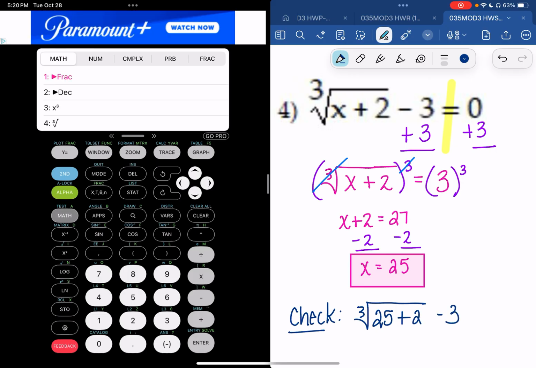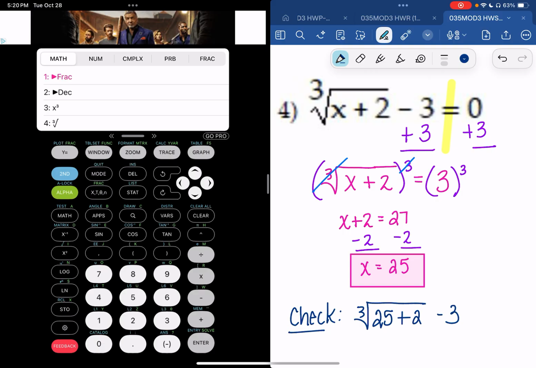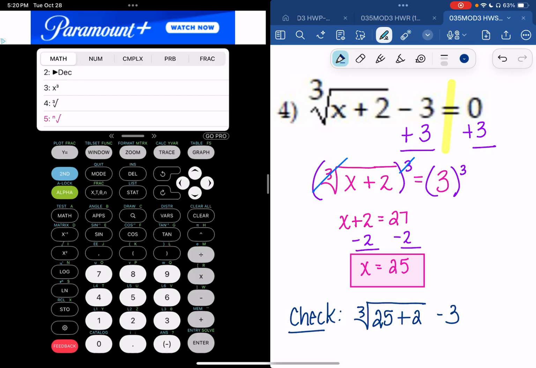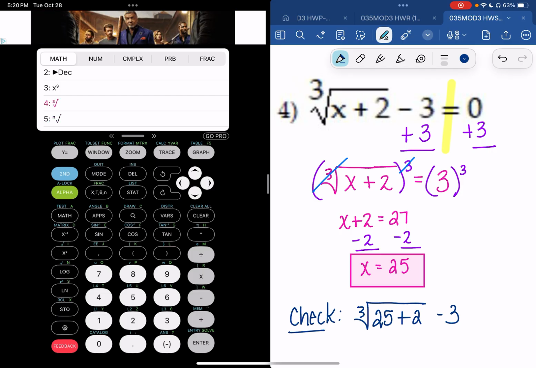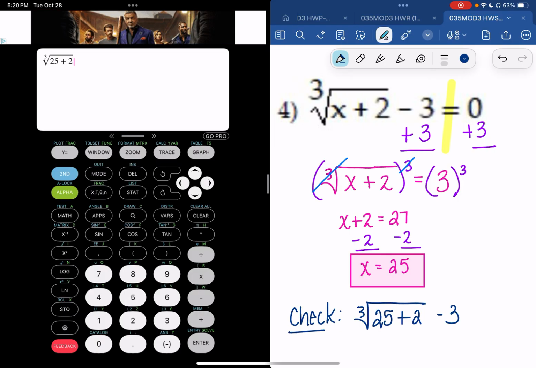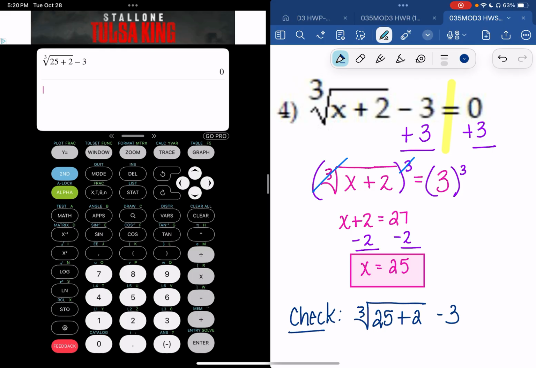If you press the math key, and then you look down here, you've got a cube root here, but then this one also will give you any root. If you press this number 4, it will automatically give you the cube root. So you can do 25 plus 2. Make sure you arrow out of your root before you do the minus 3. So we can definitely see that that works.